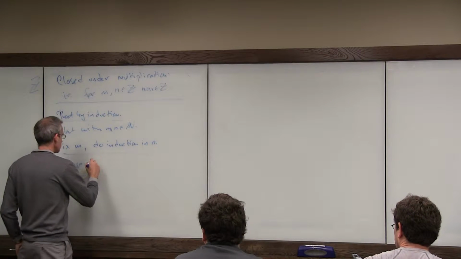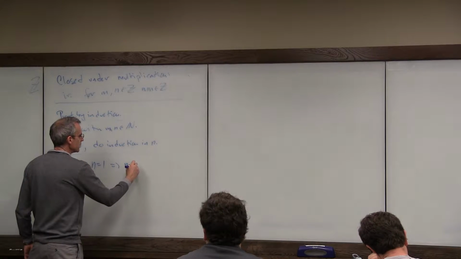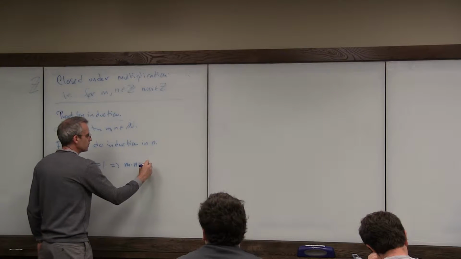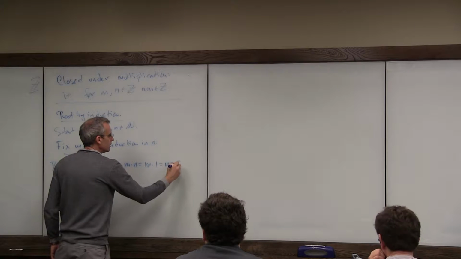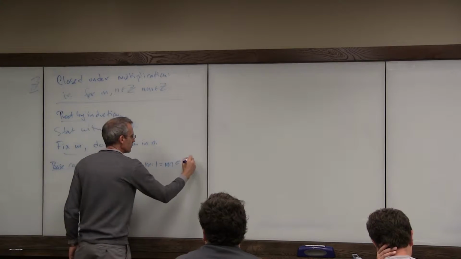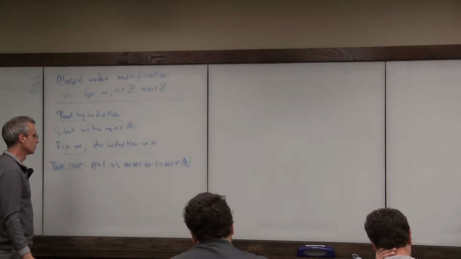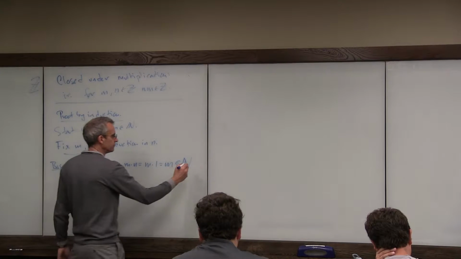Yeah, base case will be n equals 1. Okay, so m times n equals m times 1 equals m, and we're assuming they're both in the natural numbers, so at any rate m is an element of the natural numbers. So we're good, right?